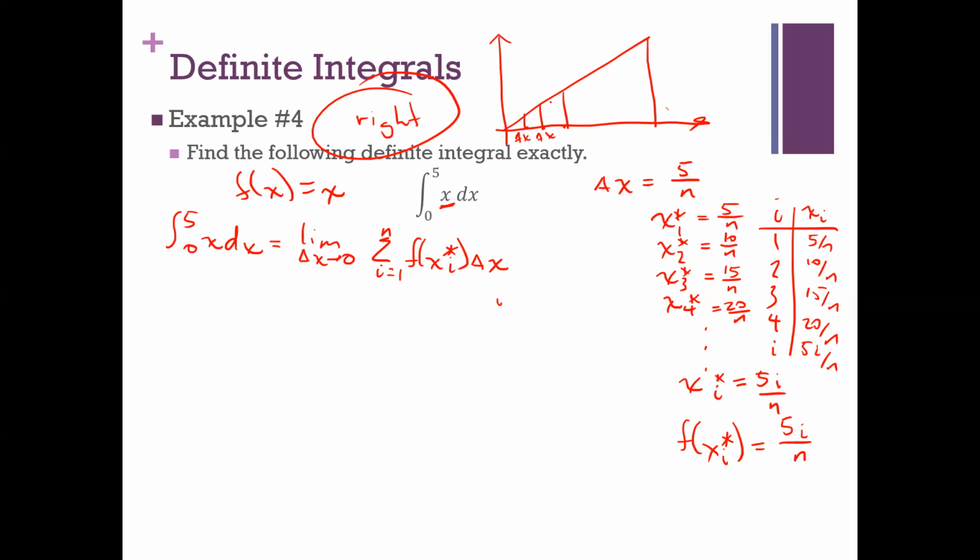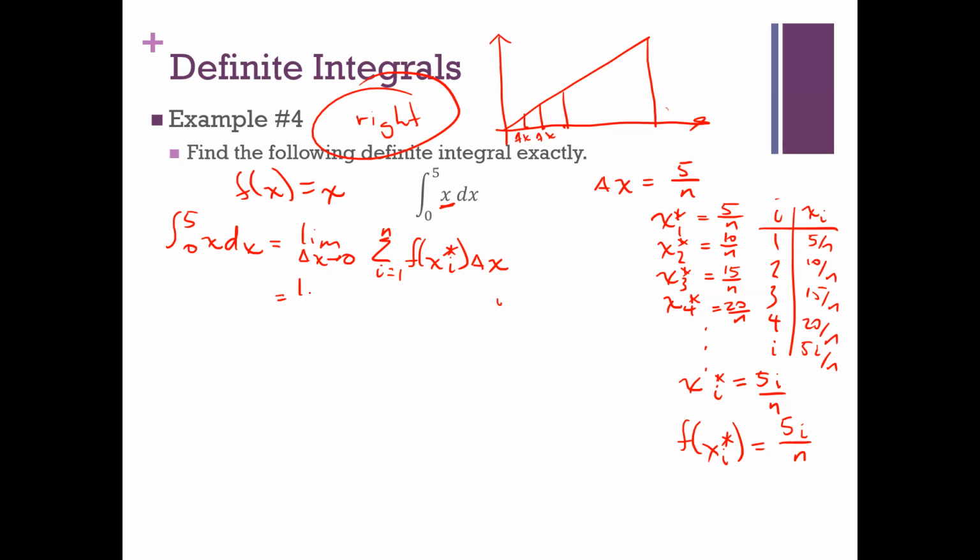Those are basically all the x values in the sample. What does the f of x sub i star represent? Yeah, that's the height of all those rectangles, right? So basically what I have now, I'm adding up all these widths times all these heights. I'm adding up a ton of areas.